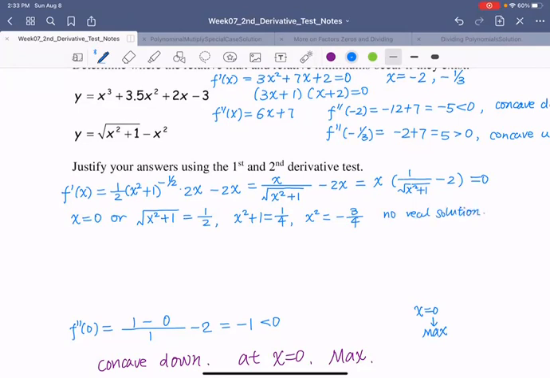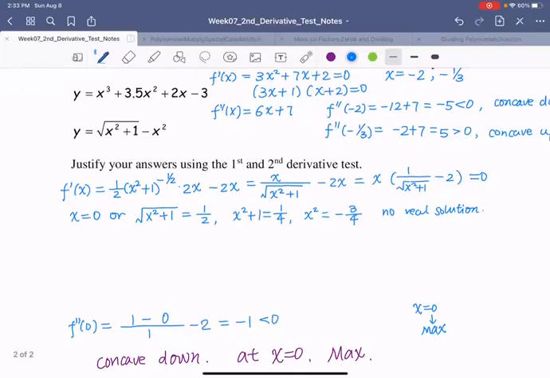And then we want to do the second derivative. We want to do this guy's derivative, okay? Let's go ahead and run this derivative using the quotient rule. So it's 1 times the square root of x squared plus 1.